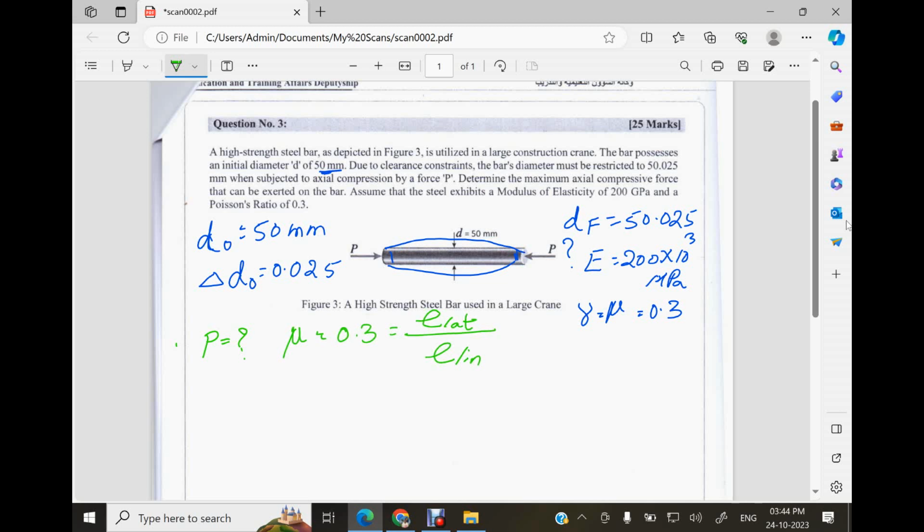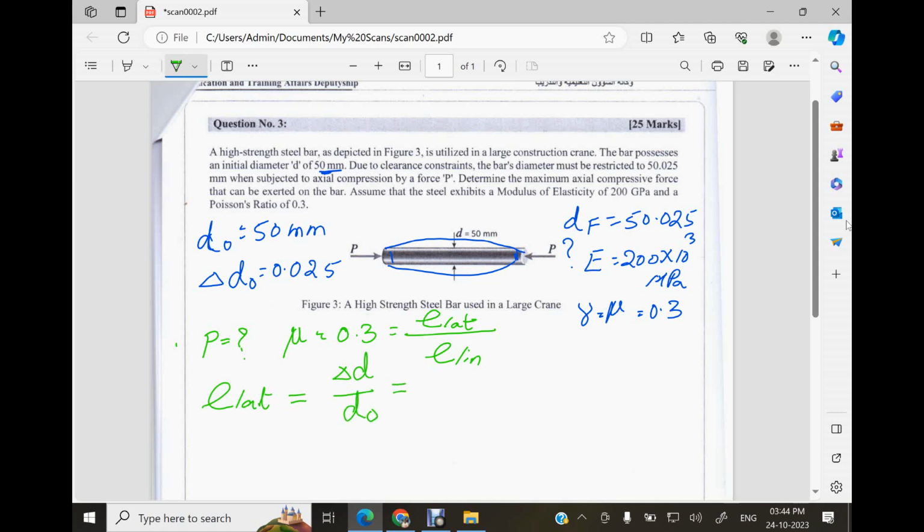And then what else is there? It gives me the value of E. Now, what is lateral strain? E lateral, lateral that is perpendicular to the direction of applied force. Is it not? E lateral is equal to delta D divided by D naught.